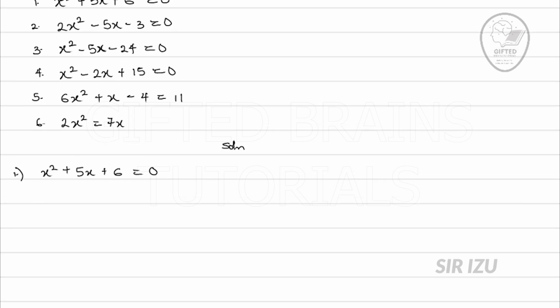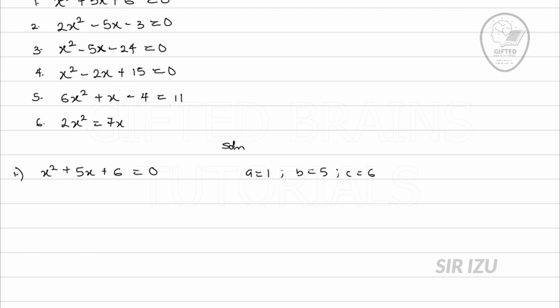The first thing to do: this is a quadratic trinomial, because it has 3 terms: the x squared term, 5x, and then the constant 6. So the first thing to do is to note your a, b, and c. My a here is 1, my b here is 5, and my c here is 6. Now after this, first step, remember, multiply your a and c.